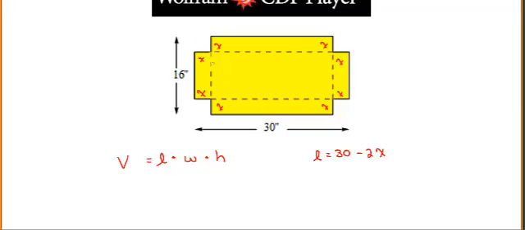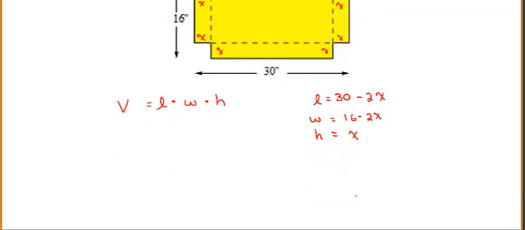The width of the cardboard was 16 inches, but again, as I fold up each side, I lose x inches. So the width will be 16 minus 2x. And the depth of the box, well, when I fold up this tab here, it's going to be x inches tall, so the height of the box will be x.